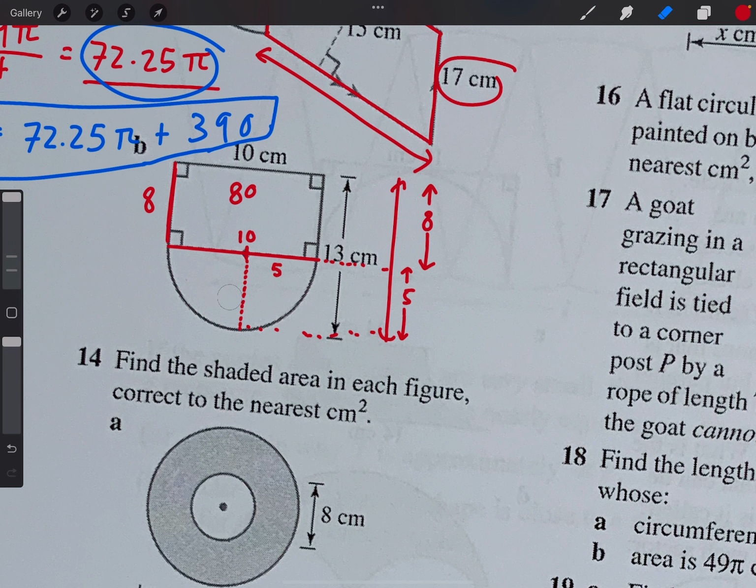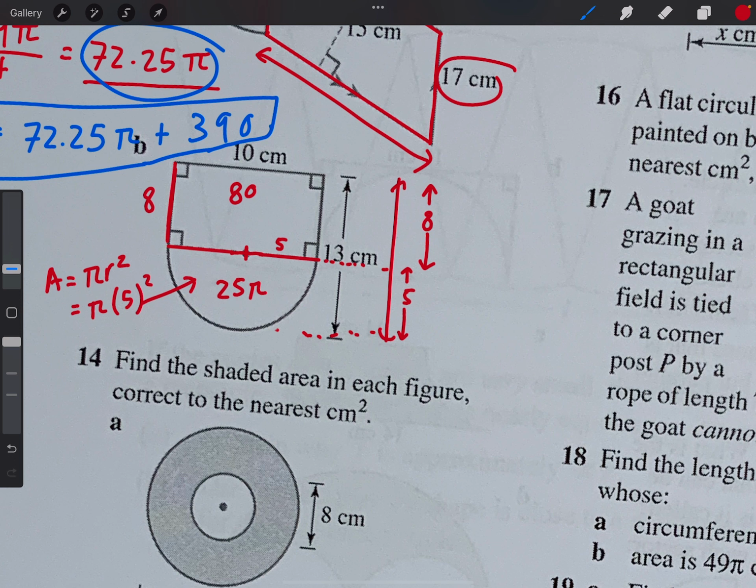And now to find the area of the semicircle at the bottom, we know the radius is 5, so the area is equal to pi r squared, which means pi times radius squared. Radius is 5, so 5 squared is 25, so this is equal to 25 pi.